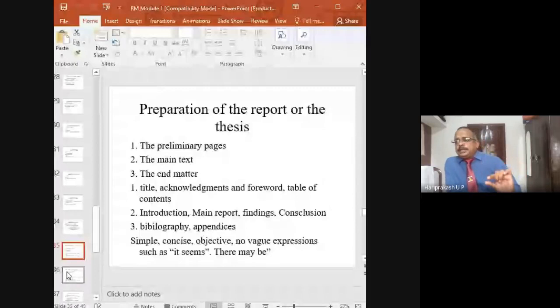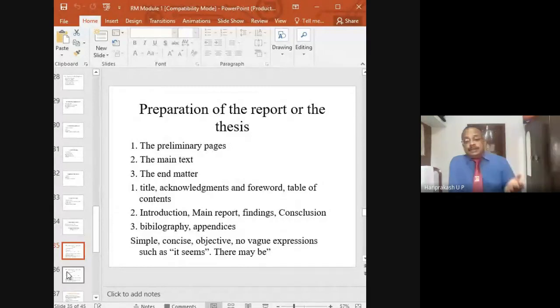Preliminary pages means those which will contain the certificates, the cover page, list of tables, list of figures; all that becomes the preliminary pages. The main text is the main part of the report, where it may contain the various chapters: introduction, analysis, discussion, concepts, findings, conclusion, all that.